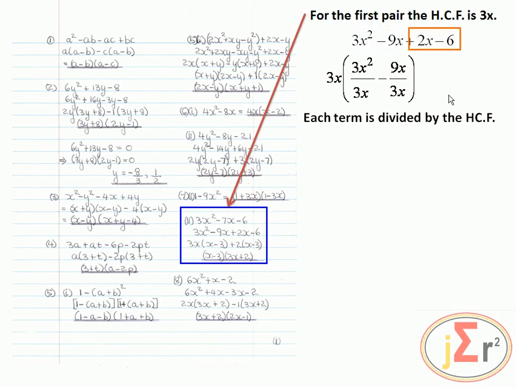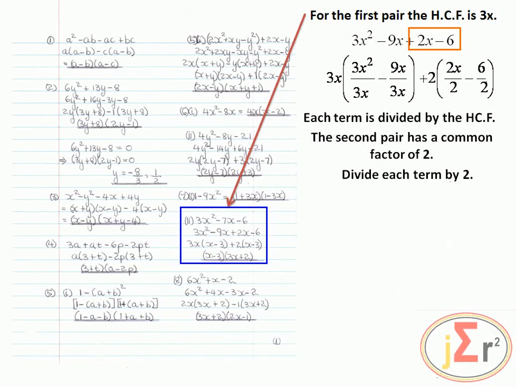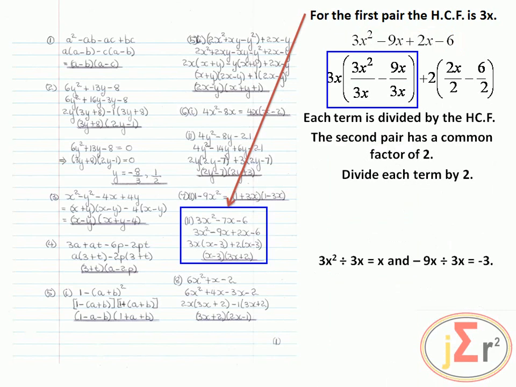And the highest common factor of the second pair is 2, and we will divide each term by 2 in the good old spirit of the first principle of factorization. What do we do?